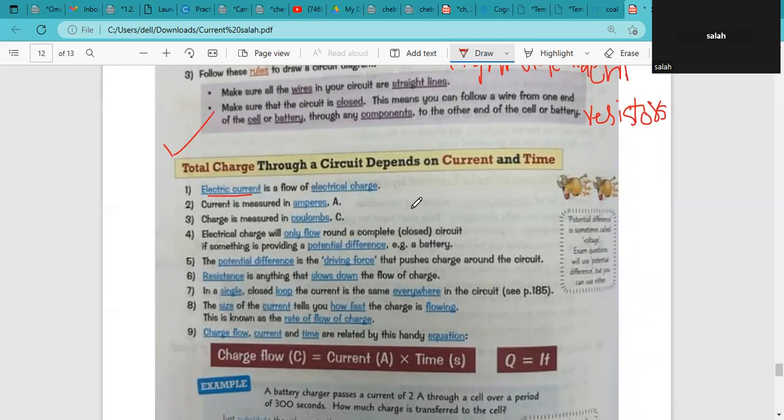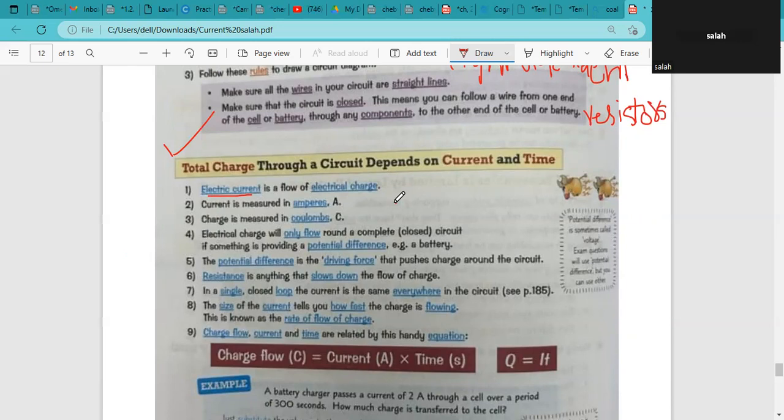When we say the current is flowing, what does it mean?